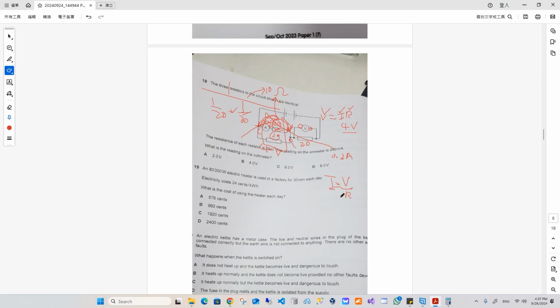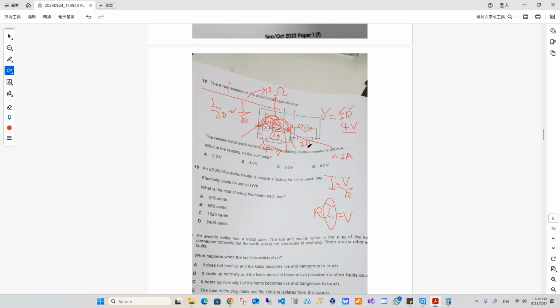So the resistance is proportional to the potential difference, so that I keep my I the same. Since I is constant, R is proportional to V. The higher the R, the higher the V.